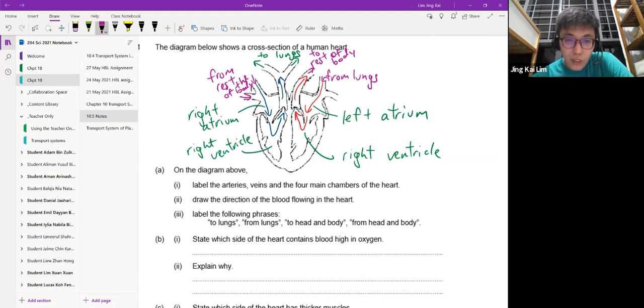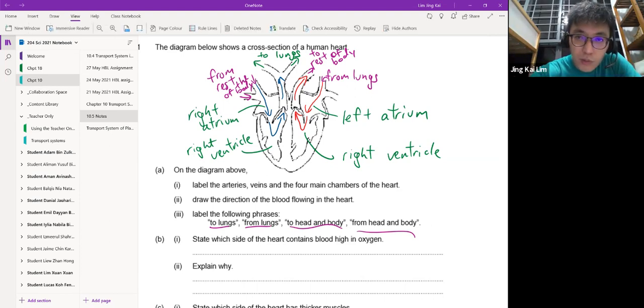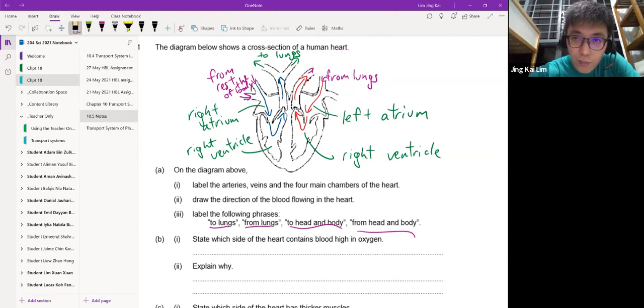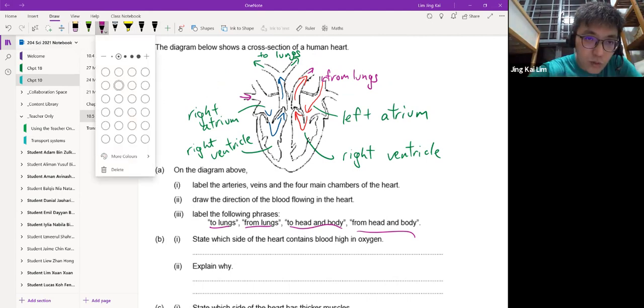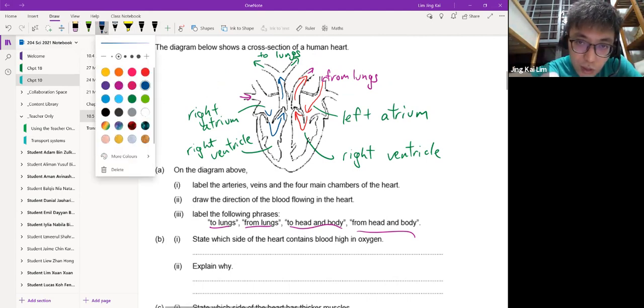So if you look at the labels in part 3, to lungs, from lungs, to head and body, from head and body, we are almost there. Instead of using the term rest of the body, we should just use from head and body to complete that particular question. So this is actually the answer.